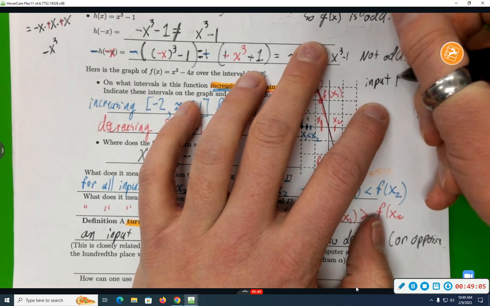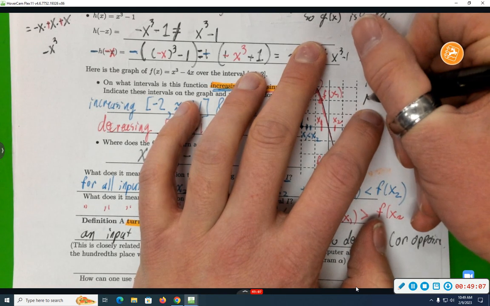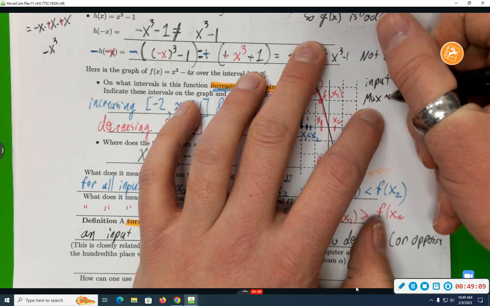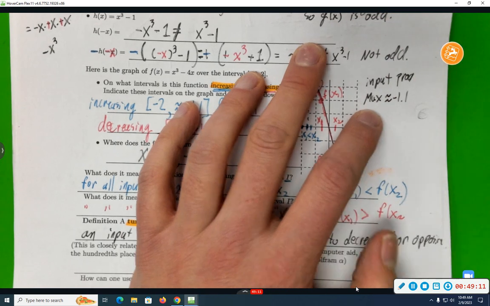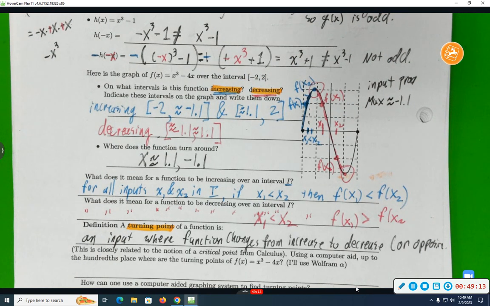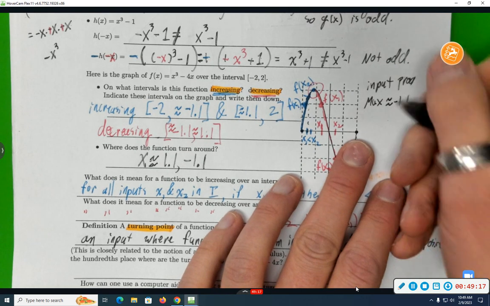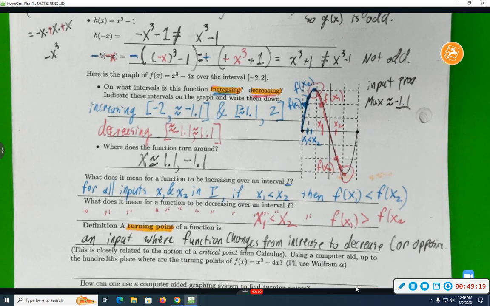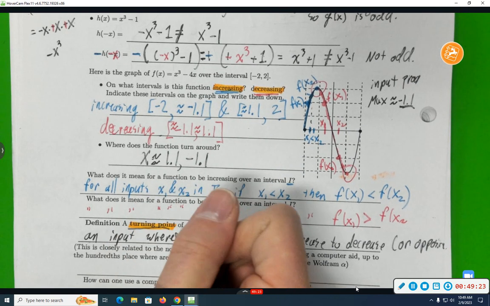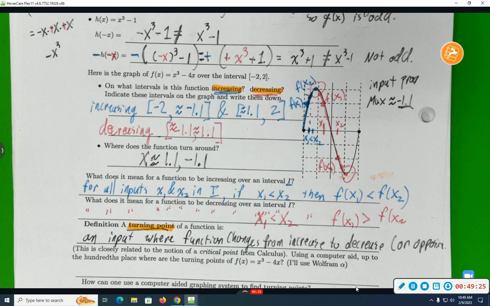Yeah, so the input that produces the max is about -1.1-ish. I guess you told me more than this, so you probably looked at the machine. And let's just notice something. That value, -1.1, is a flat point. Extreme values tend to occur at flat points, or at the endpoints of the domain.